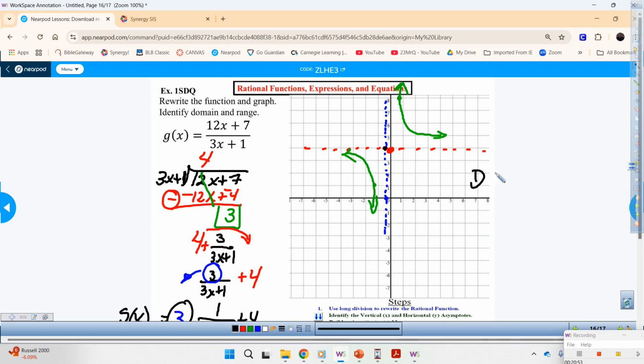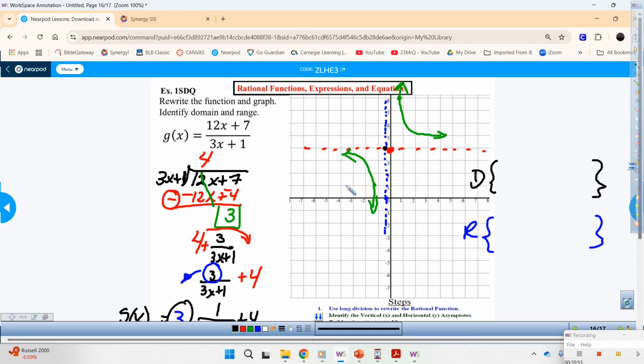We need a domain and a range. All right. Domain, pass on one. Joseph? All right, Joseph.